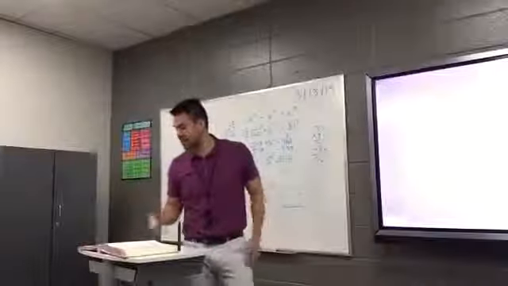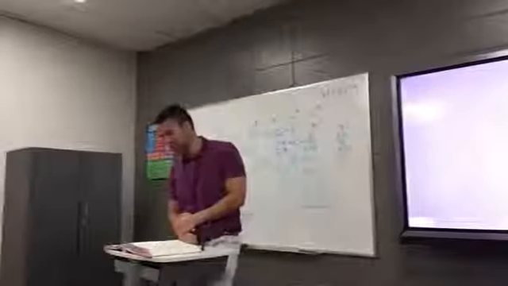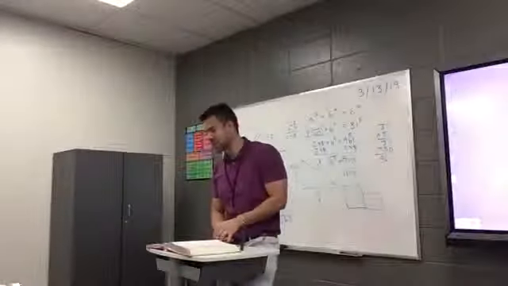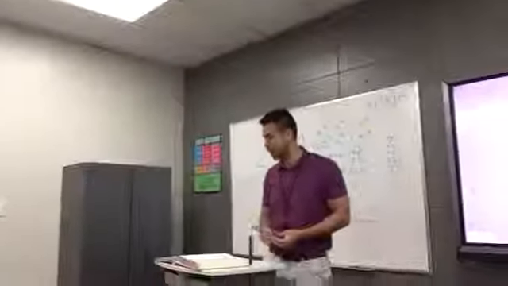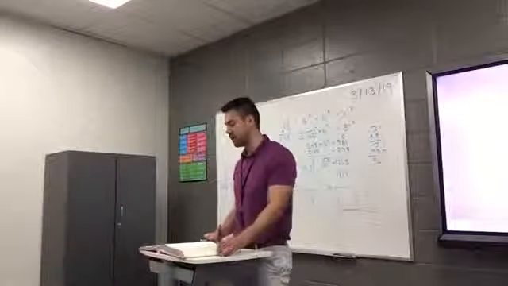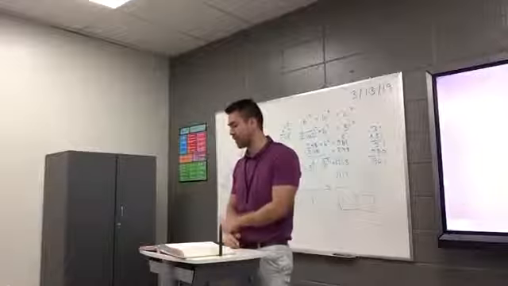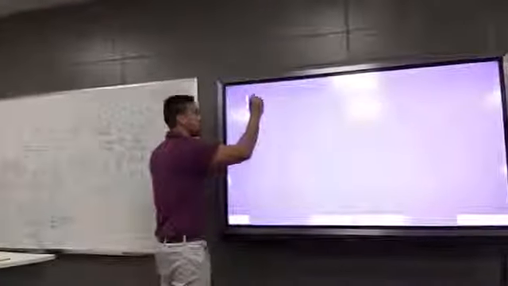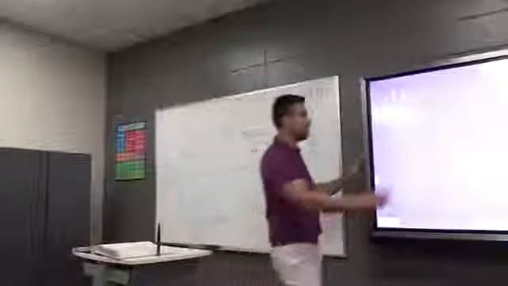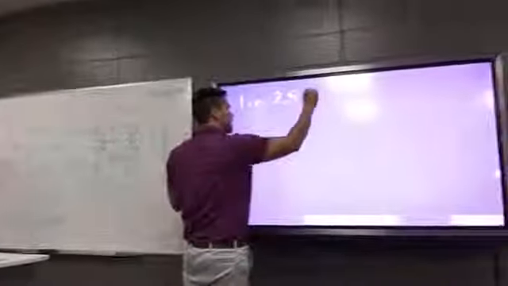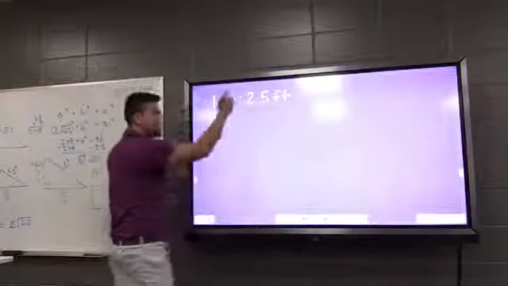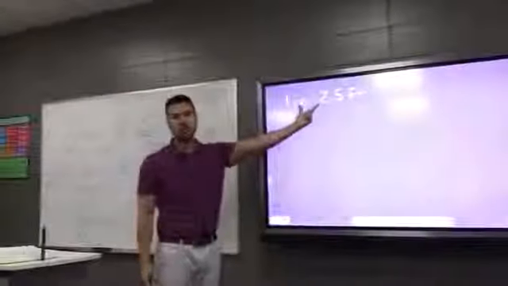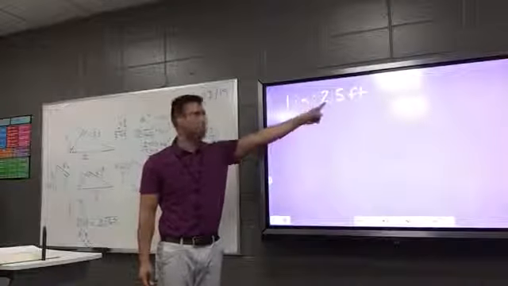In this case, the blueprint for Selena's new house has a scale of 1 inch to 2.5 feet. Her room is drawn as 4.5 inches by 6 inches. What are the dimensions of the actual room? So they give me first 1 inch to 2.5 feet. So that's your scale. This is my scale. Which number is the actual? 2.5 feet.